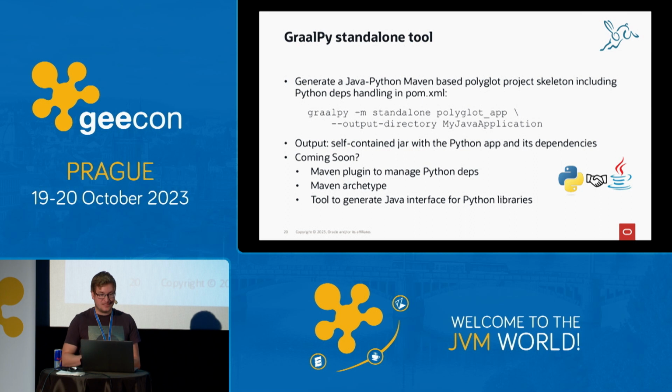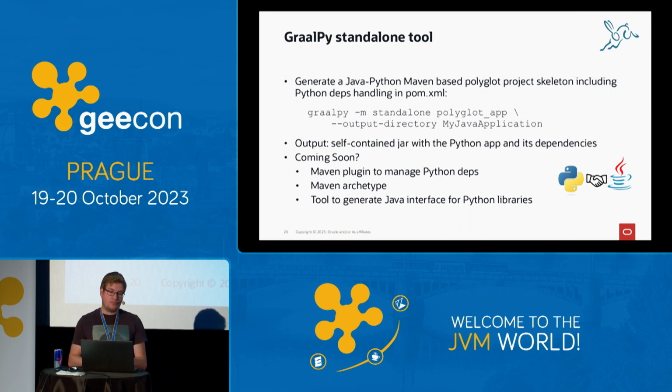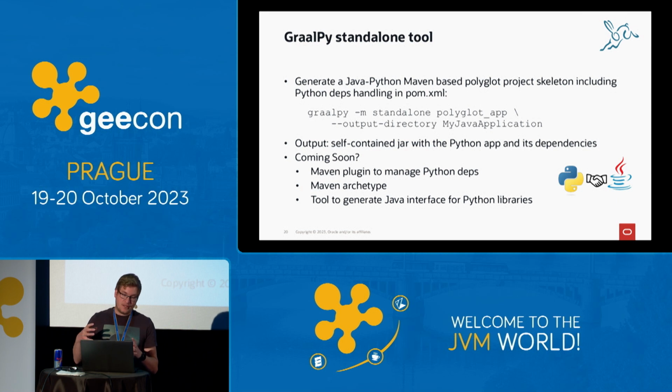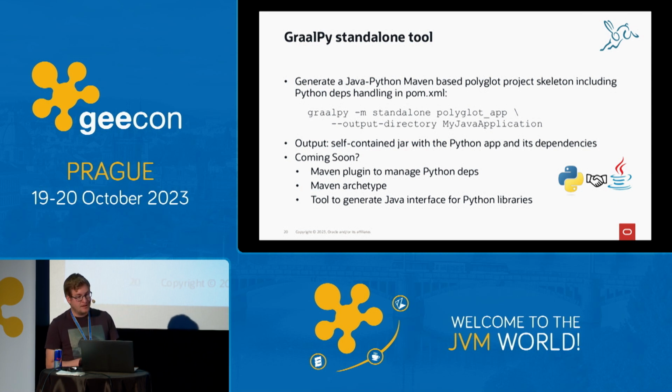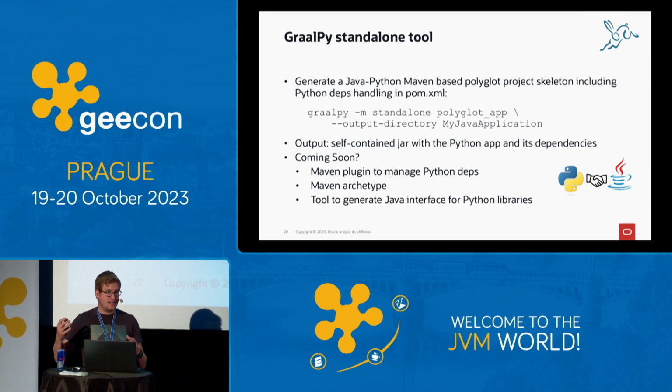We are JVM developers. This tool can also generate a skeleton for a Java application that is embedding Python. And it provides some scaffolding for packaging the Python dependencies into the jar as resources.